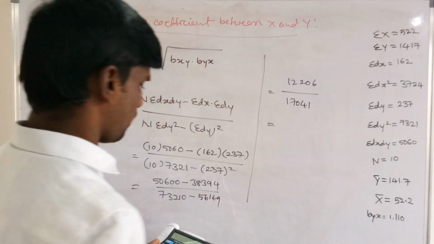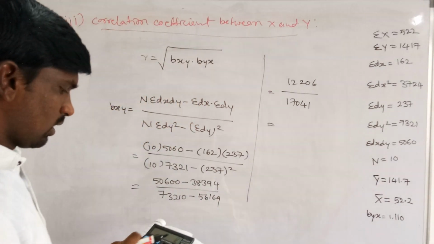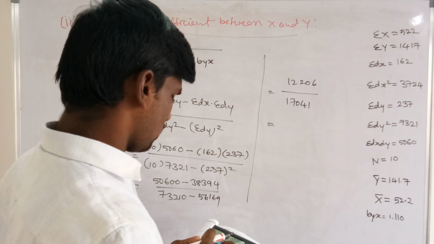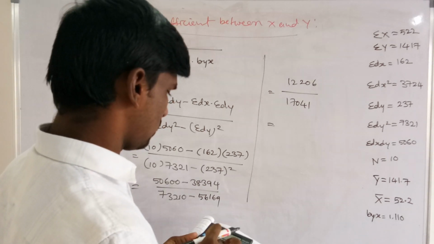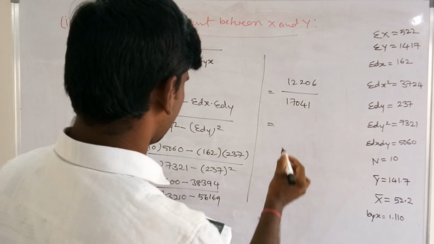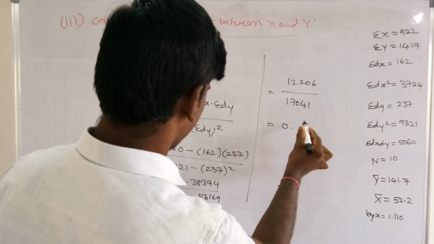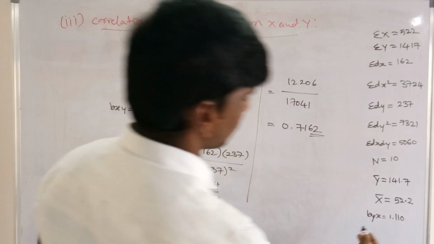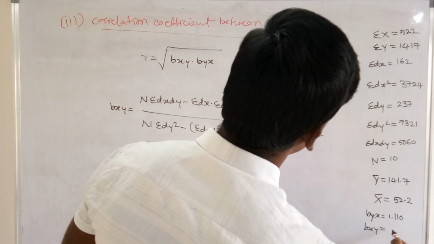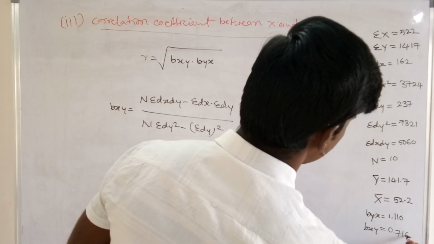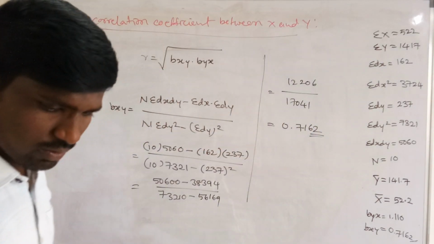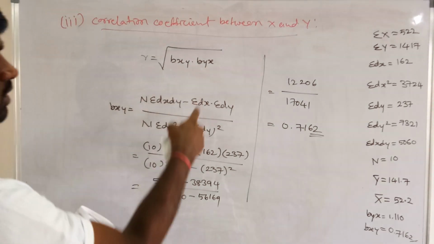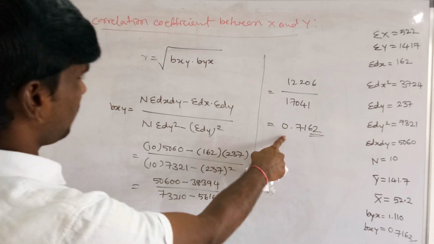So 12206 divided by 17041 is 0.7162. This is bxy is equal to 0.7162. Already we have the byx and we found bxy also.